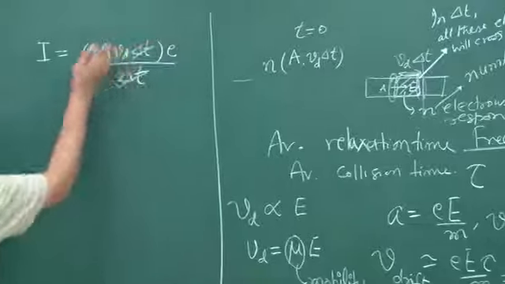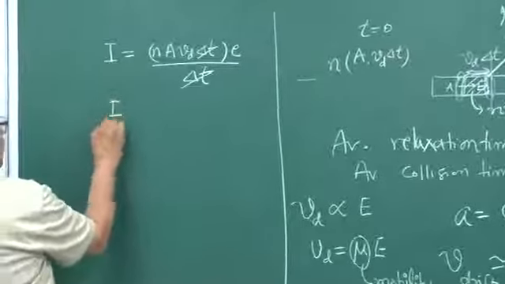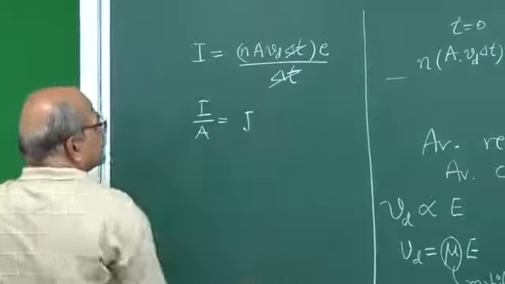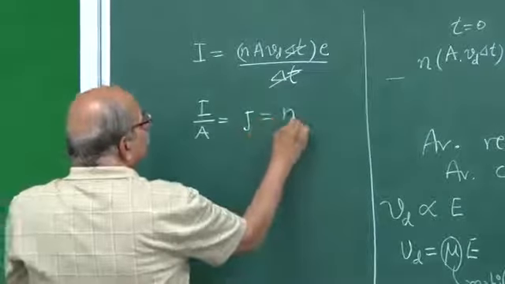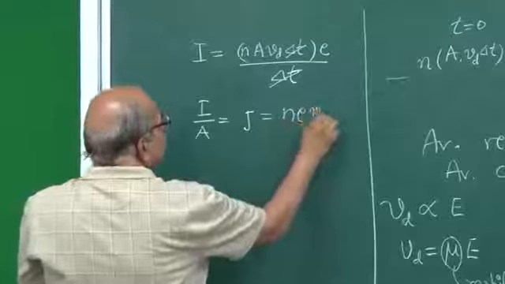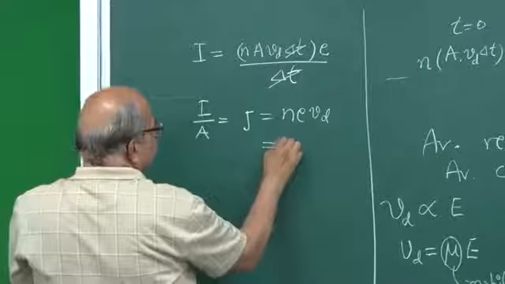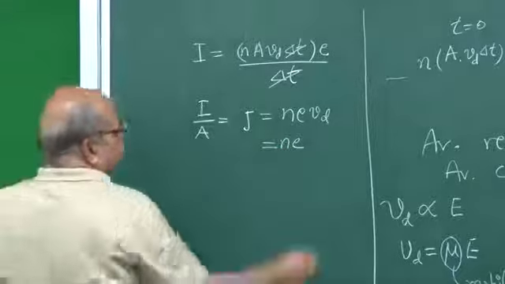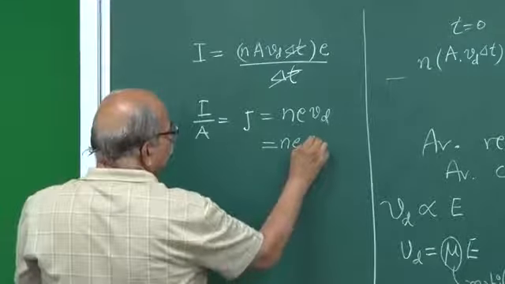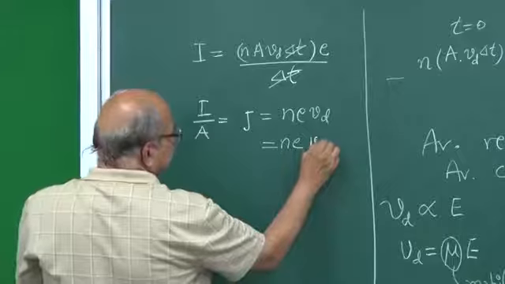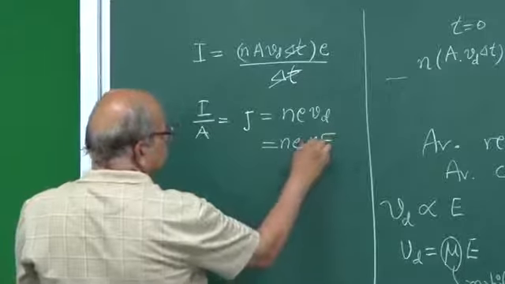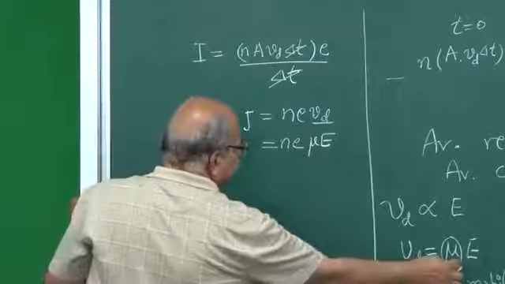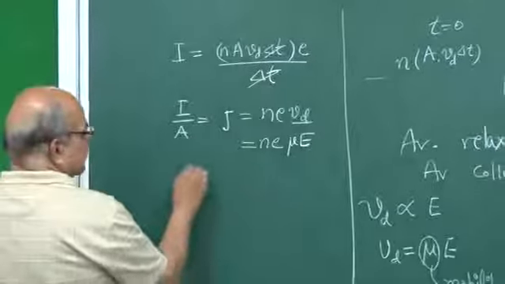And if you divide by this A also, then this is I by A, which is known as current density J. So that is equal to N times E times Vd, and that is equal to N times E times mu times E, where Vd, the drift velocity, is mu times E, and mu is the mobility.